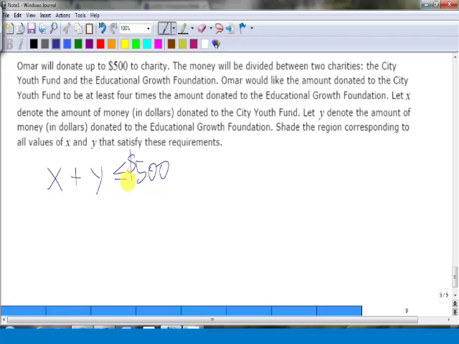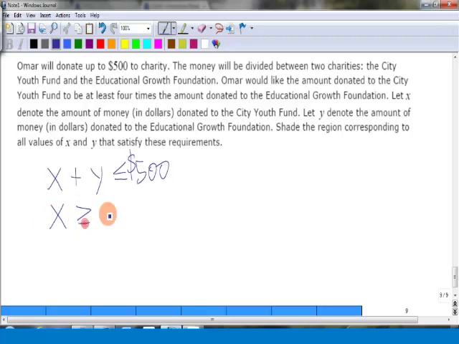Also, he's decided, and this is resembling the gardening problem, Omar would like the amount donated to the City Youth Fund, that is x, to be at least 4 times the amount donated to the Educational Growth Foundation, and that's y.